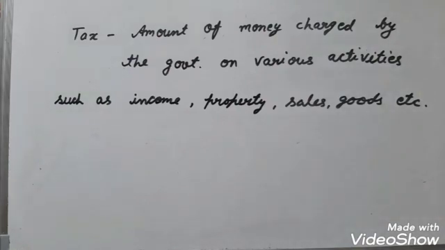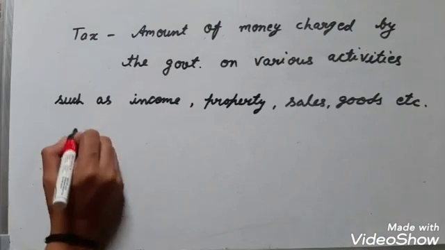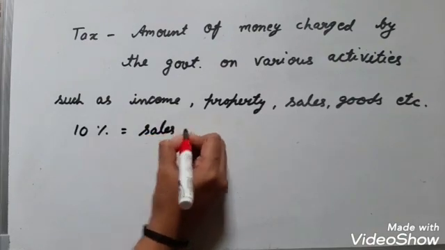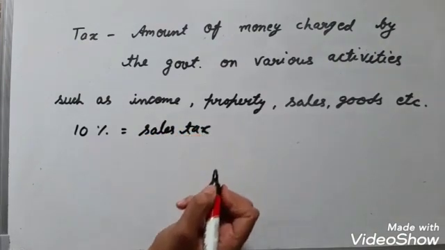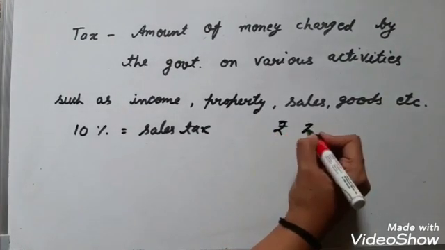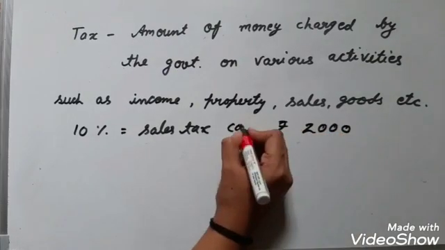For example, say 10% sales tax is charged on purchase of a sofa that costs rupees 2000.